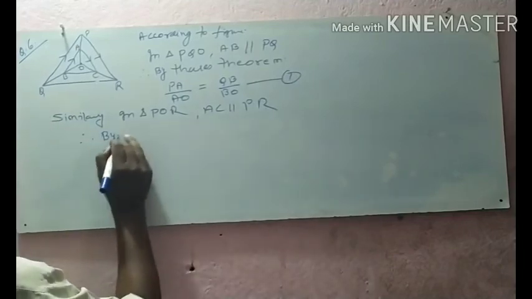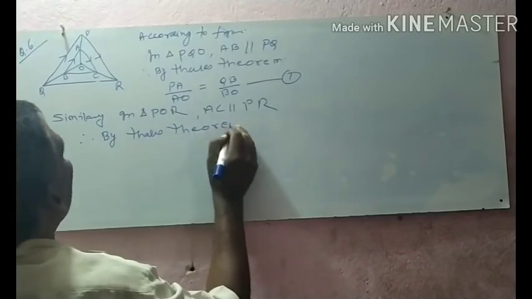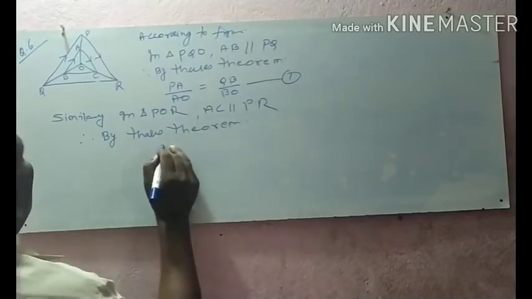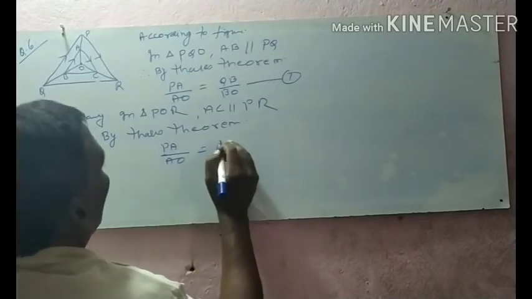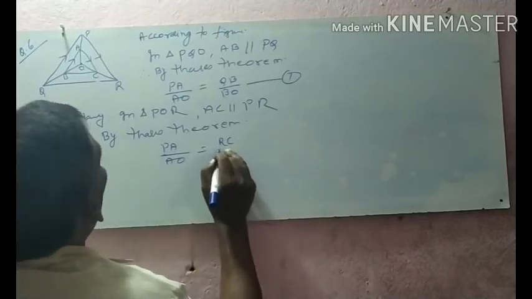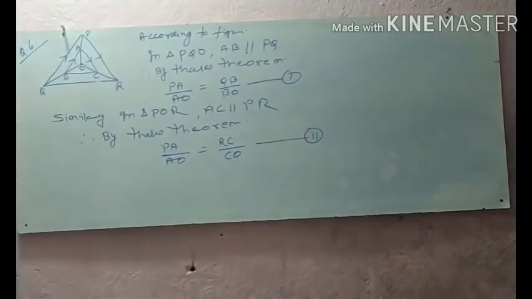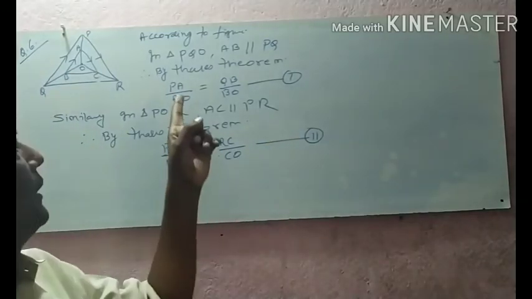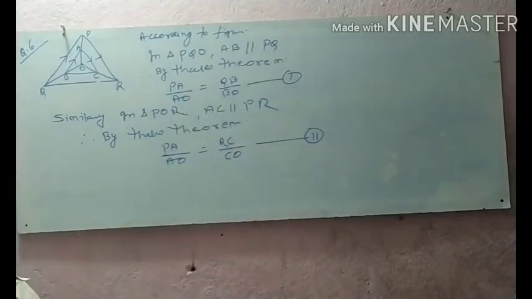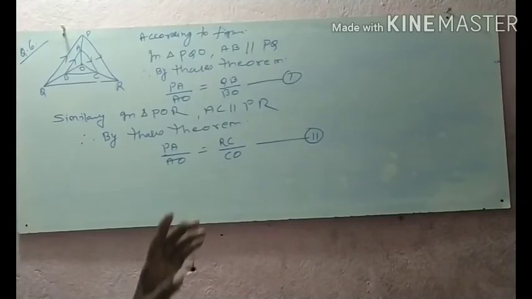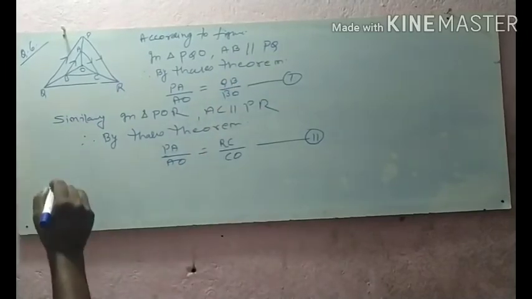Therefore, by Thales theorem, PA by AO is equal to RC by CO, equation second. Here we see that left sides of both the equations are equal to each other. That implies its right sides must be equal to each other.